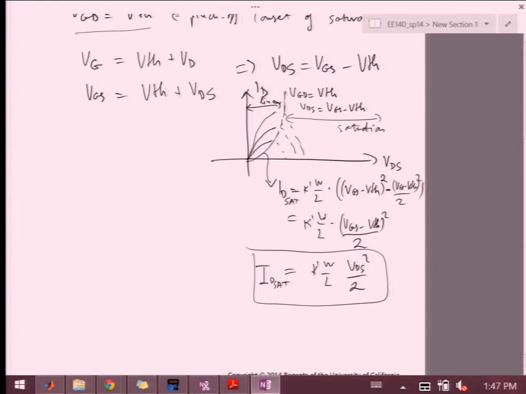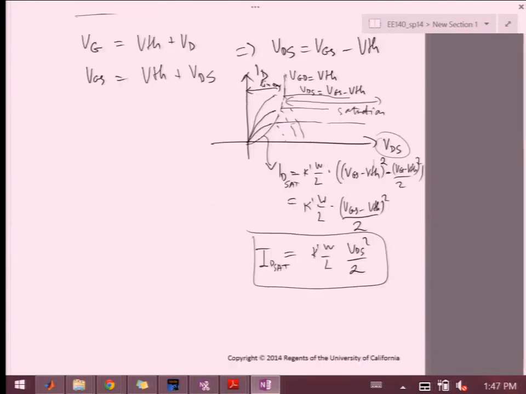In saturation, we should start expecting that the transistor current is no longer obeying this parabola law. It's now sort of independent of VDS. Okay. So let's go ahead and calculate that a little bit.